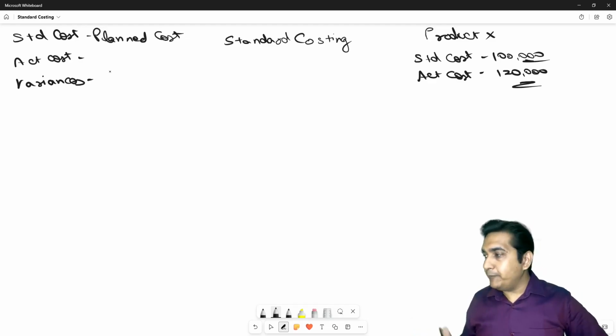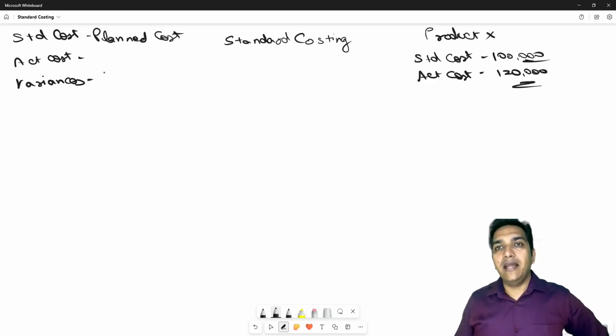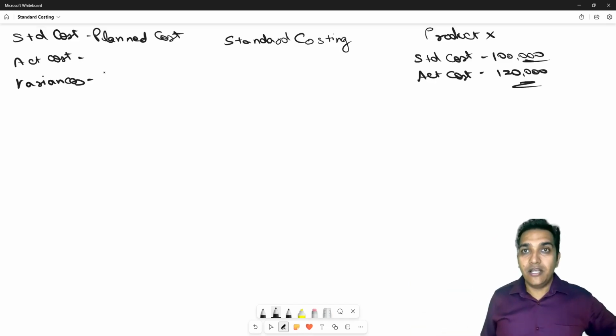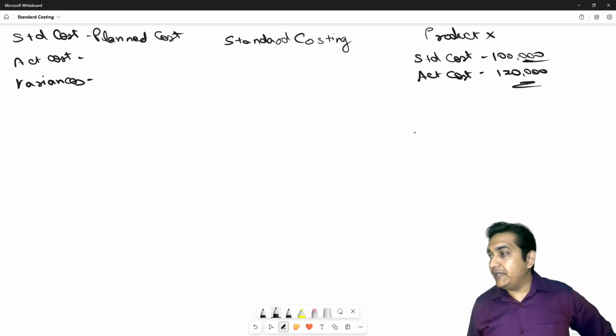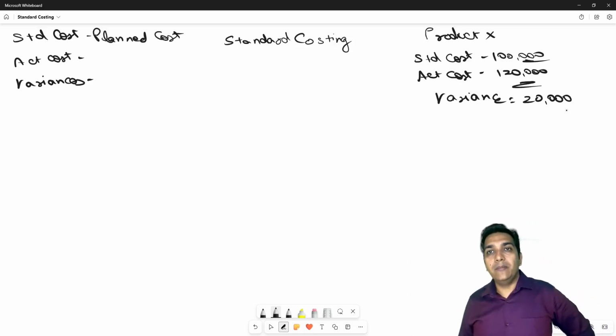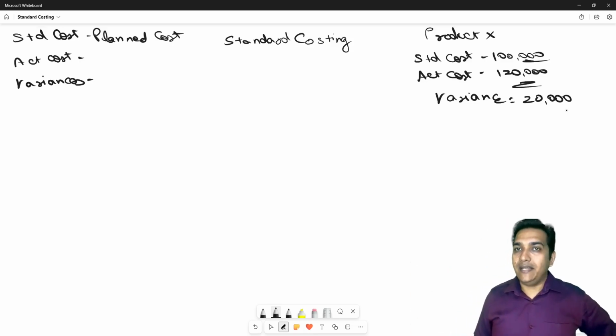In our example, I had planned to incur 1 lakh rupees to manufacture product X, which is my standard cost. However, I incurred 1,20,000. So the difference of these two will become my variance, which is 20,000.